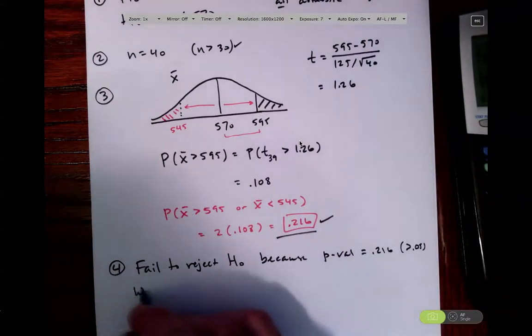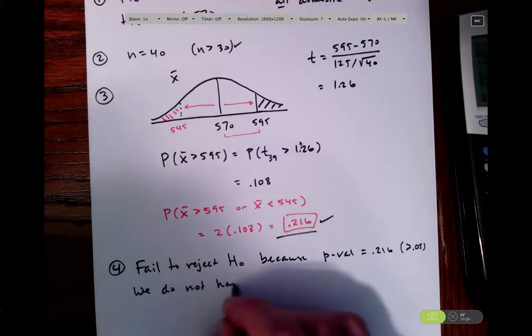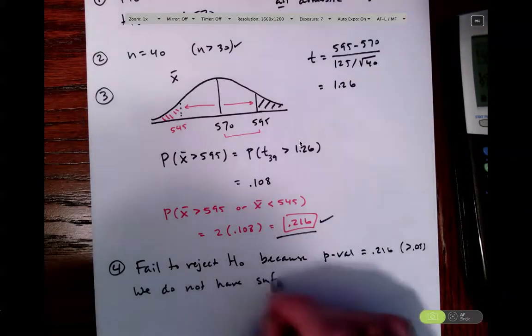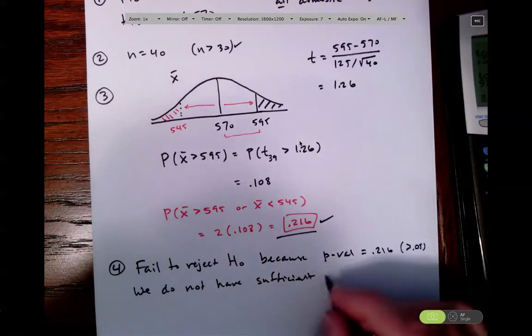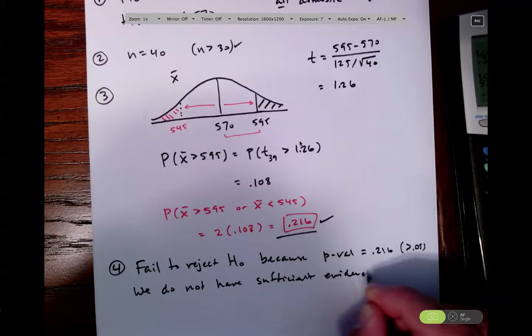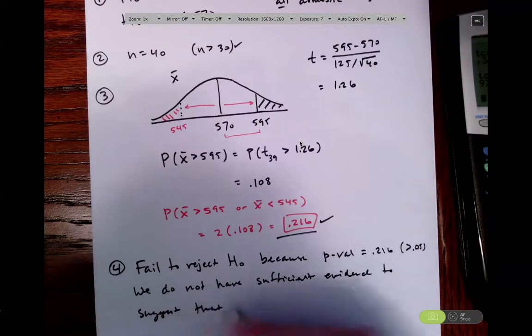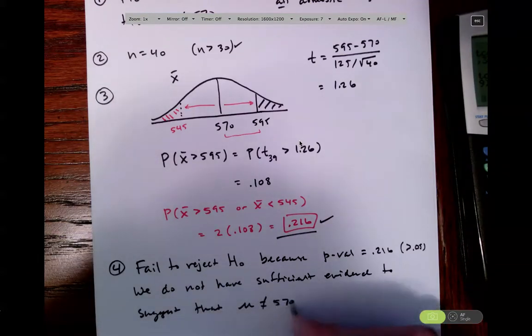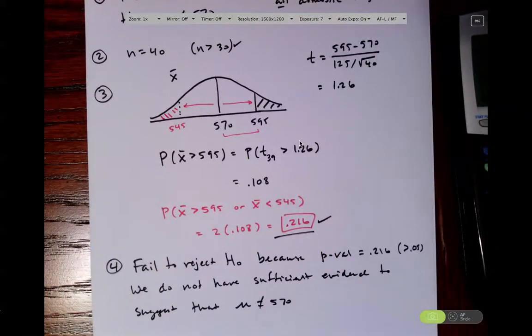So we do not have sufficient evidence to suggest that mu is not 570. All right, it seems like kind of a double negative there, but it's really kind of like in a court of law.